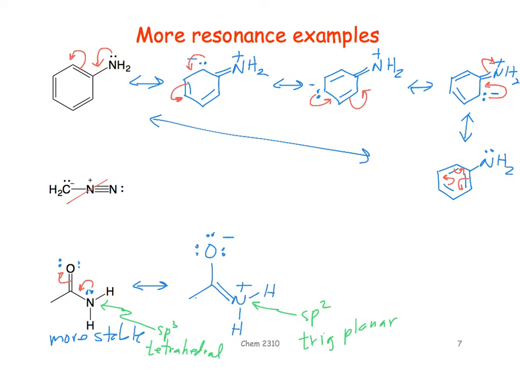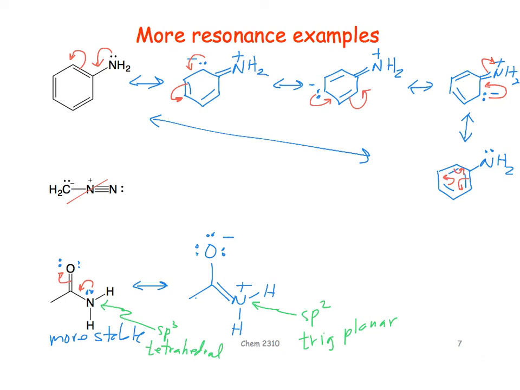Because resonance only involves the movement and sharing of electrons, not the movement of bonds or bond angles or atoms. The atoms cannot be moving. So if these are going to be in resonance, what does that mean? In order to allow resonance, one of those two atoms has to be a different hybridization and geometry than what we predicted.